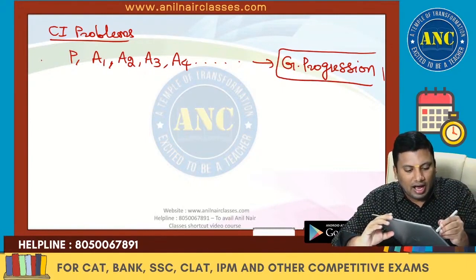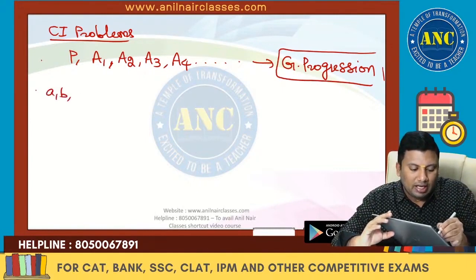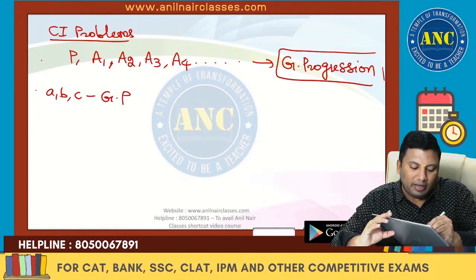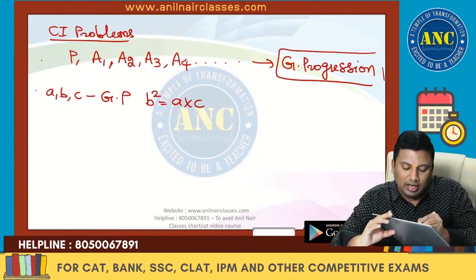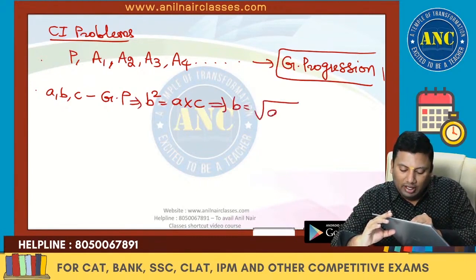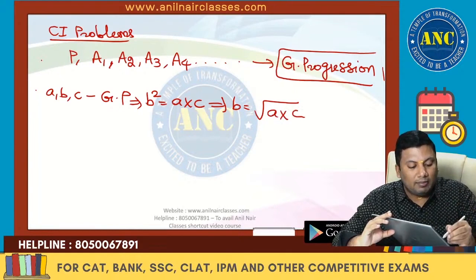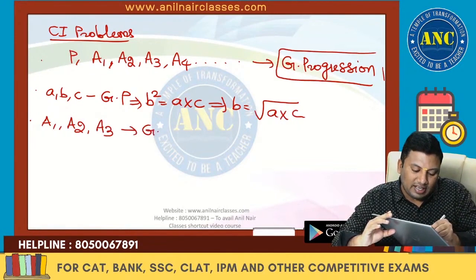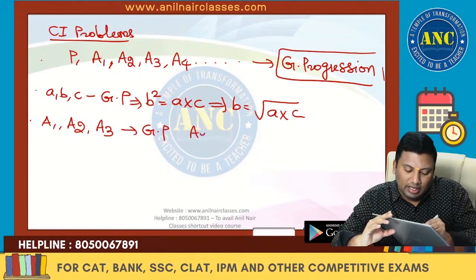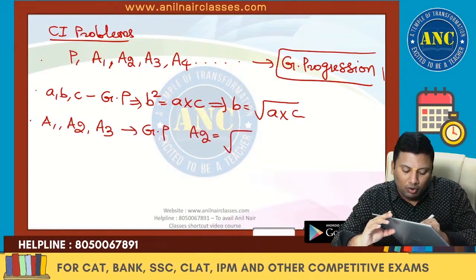That means another important key point: if A, B, C are in geometric progression, then B square is equivalent to A into C. That means B is nothing but the square root of A into C. Extremely important point: if three amounts in consecutive years are given, then the middle amount A2 is given by root of A1 into A3.